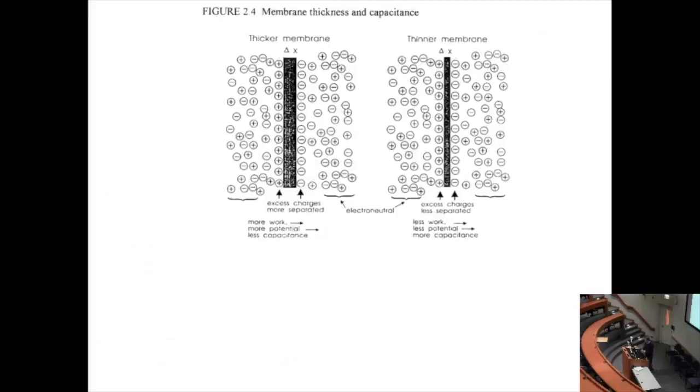So thicker membranes have lower capacitance, thinner membranes have higher capacitance. And, well, let's start with the membrane area. That's actually easier. The more membrane area you have, let's say it's a bigger cell, so you have more membrane area around the cell, then that means it has a higher capacitance because you need more charge to generate that voltage across a bigger membrane area.